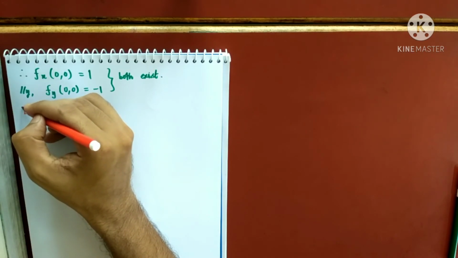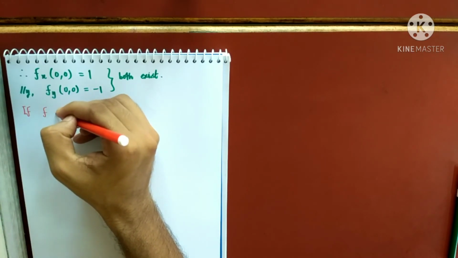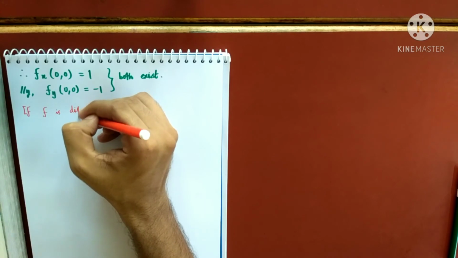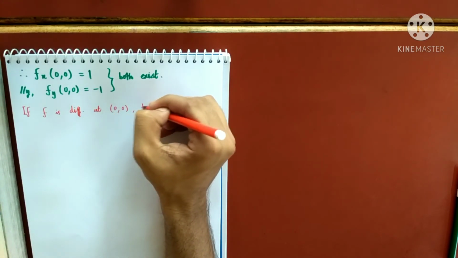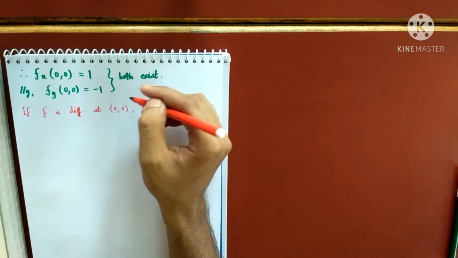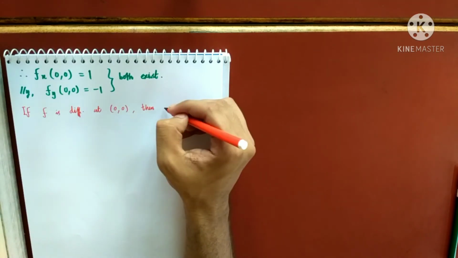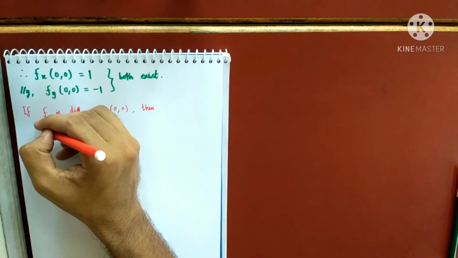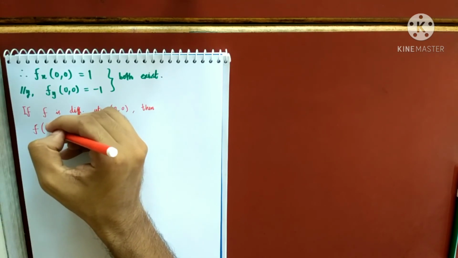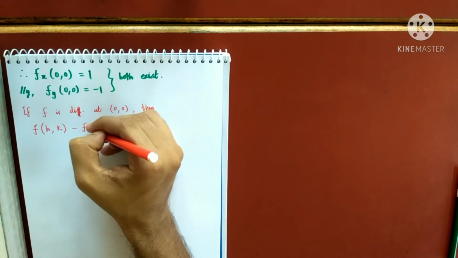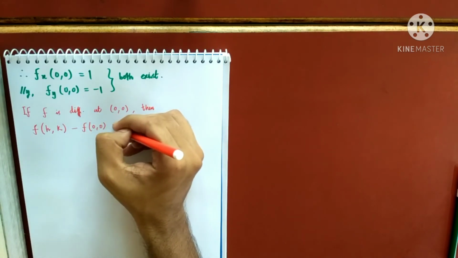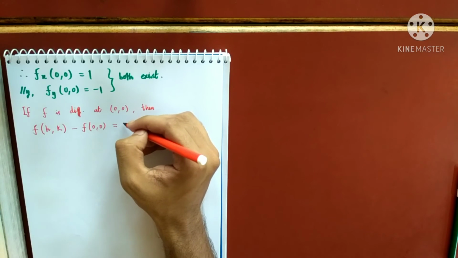Let's see how. If f is differentiable at 0, 0, then this condition must hold, right? F of 0 plus h, 0 plus k minus f of 0, 0. This increment can be written in the form of partial derivatives, right?